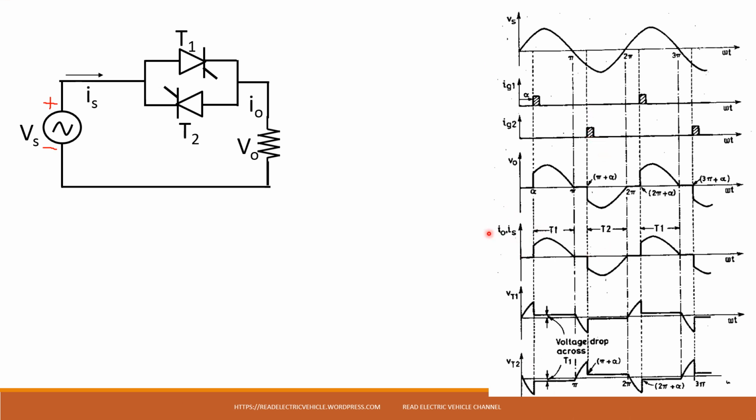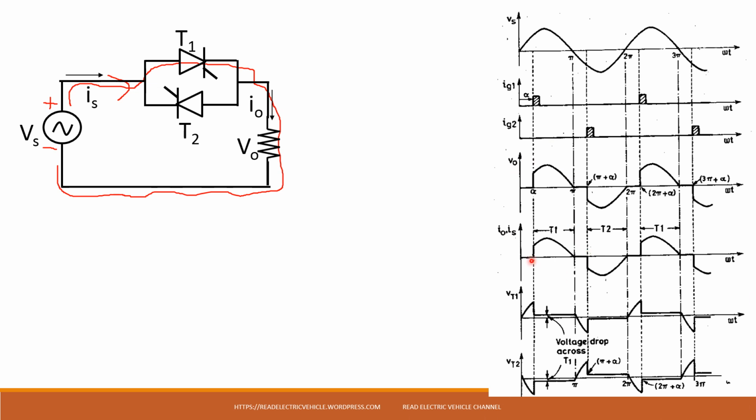And this I0 is the output current, Is is the source current. So during positive half cycle T1 will conduct. When it is given gate pulse, T1 will conduct and this will be the current path. Now you can see here I0 is 0 till alpha, and at alpha it follows the source voltage waveform because it is a resistive load.